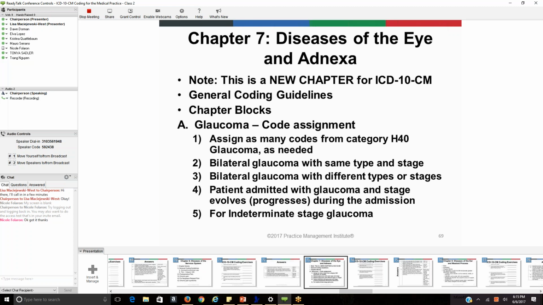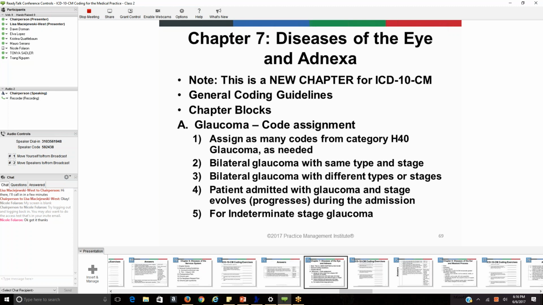The chapter contains several blocks of codes: disorders of the eyelid, lacrimal system and orbit, disorders of conjunctiva, disorders of the sclera, cornea, iris, and ciliary body, disorders of the lens, of the choroid and retina, and so on and so forth. You'll notice that there is an entire section for glaucoma.